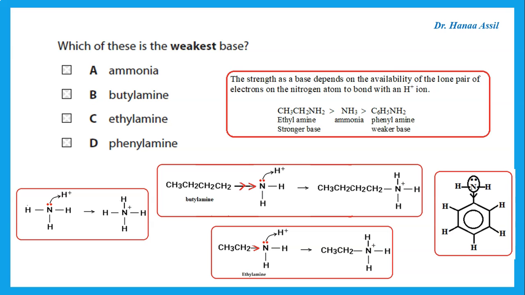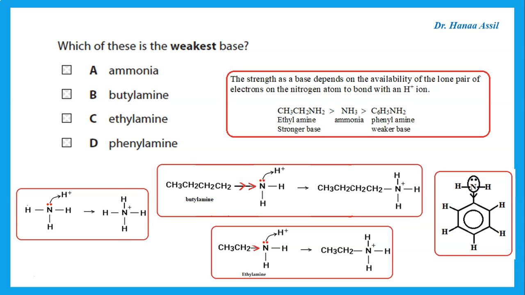But what about phenylamine? Phenylamine is basically a benzene ring with an amine group, NH2. But in this case, the lone pair of electrons on the NH2 are delocalized with the pi bonds of the benzene ring. We know that in the benzene ring we have pi bonds delocalized around the carbon atoms.